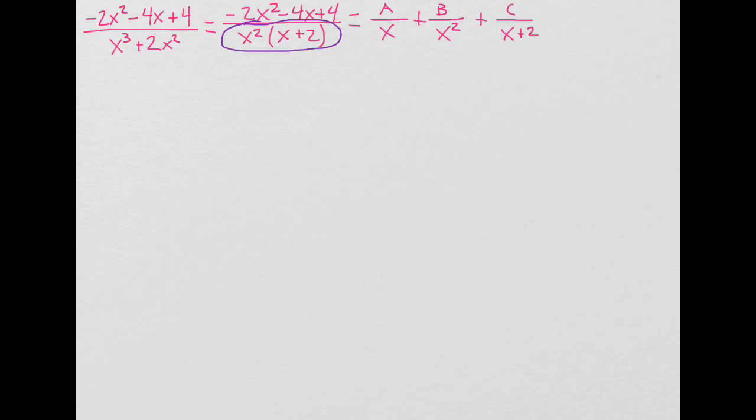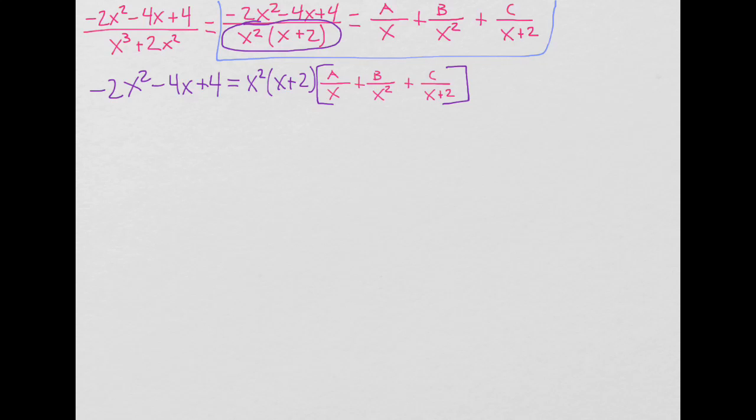So if we do that, on the left side of the equal sign, we will be left with just our numerator. So I'll rewrite that. And on the right of the equal sign, we're going to literally multiply by that quantity, x squared times x plus 2. We're going to multiply that into everything that we have written already on the right.